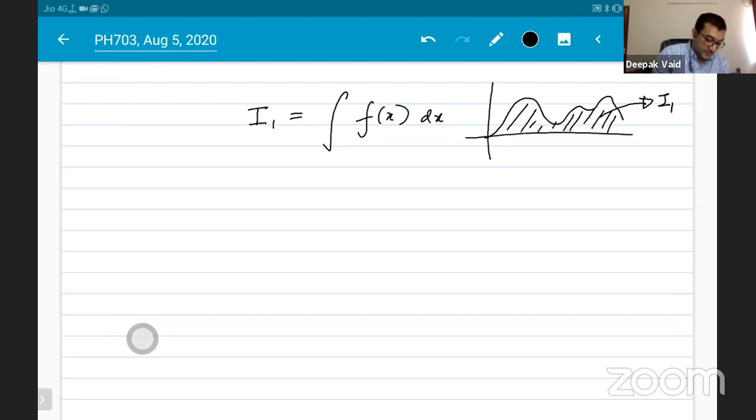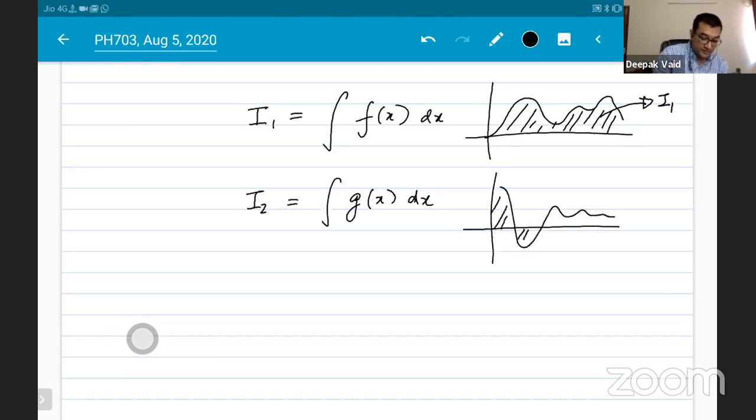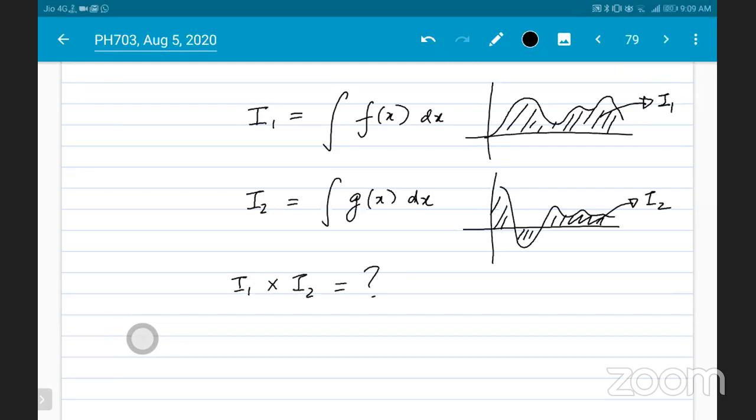And same thing for some other function g also. I2 is the integral of g(x) dx, and this is also an area again. So what you're saying is that I'm taking I1 and I2 like this, right?